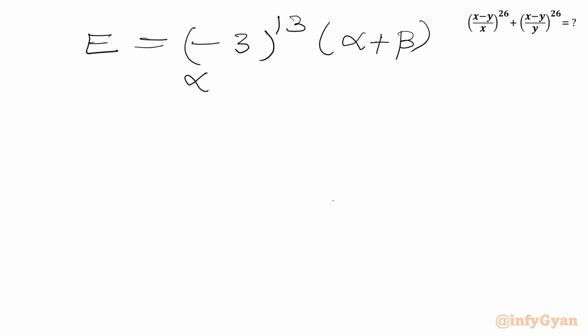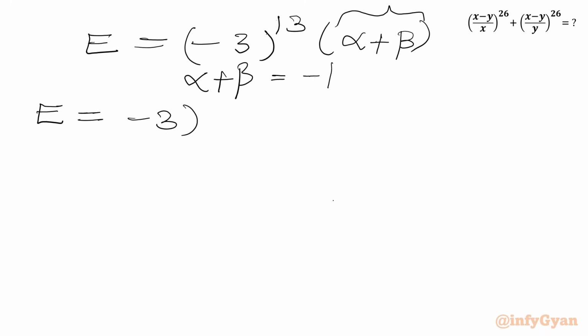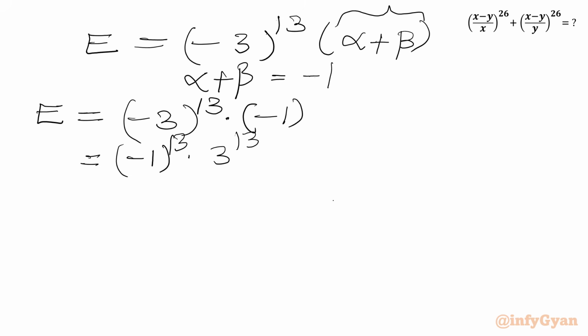Now we have alpha plus beta negative 1. So we can write here negative 1. So required expression E will become minus 3 raised to the power 13 times negative 1. We will write here minus 3 whole power 13 as minus 1 whole power 13 times 3 power 13, times negative 1.